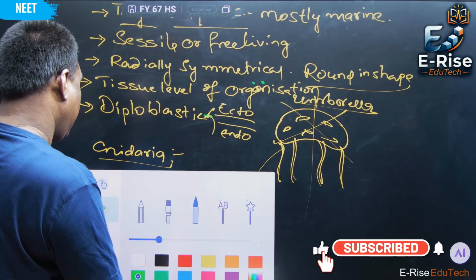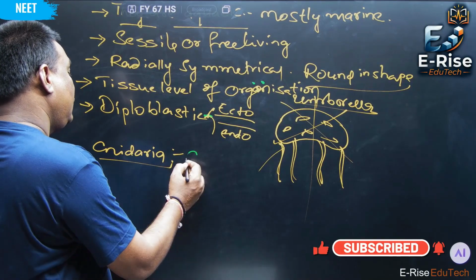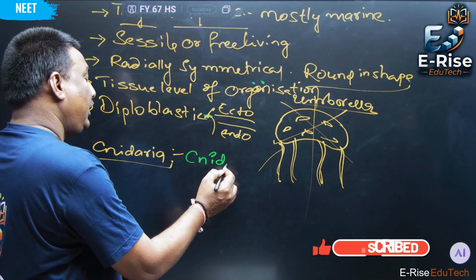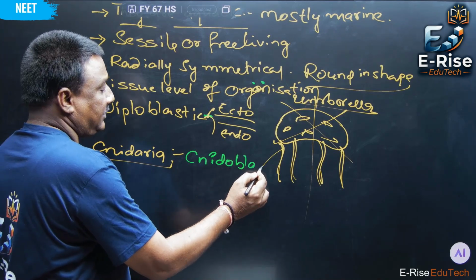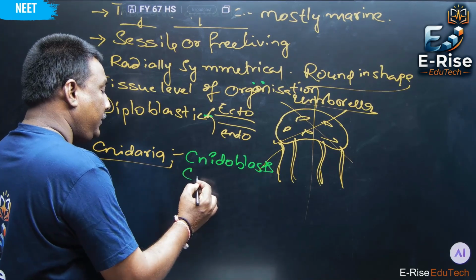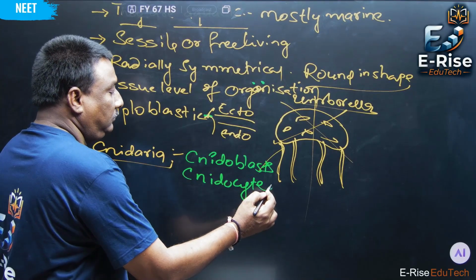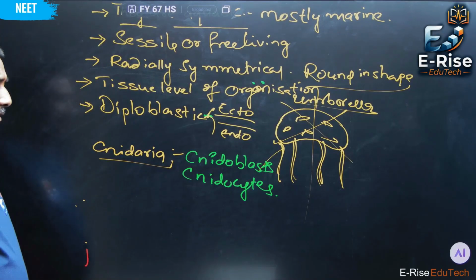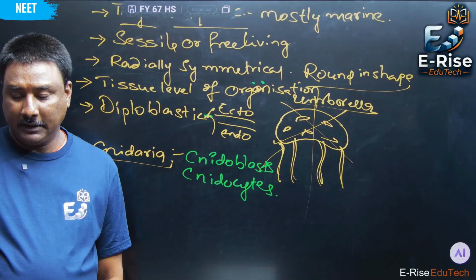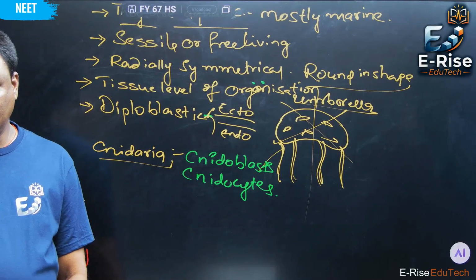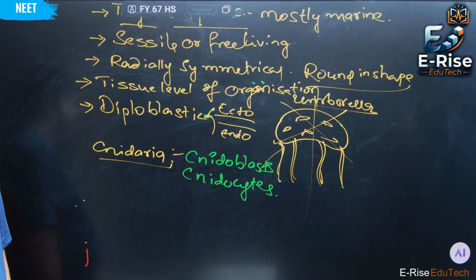What are these cells? Cnidoblasts or cnidocytes. These cells are present in their body, on the tentacles. That's why they are called Cnidaria.